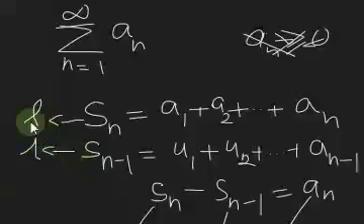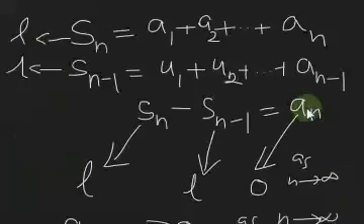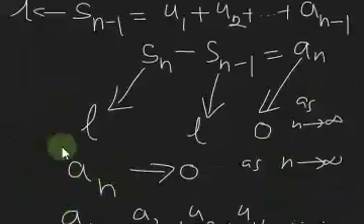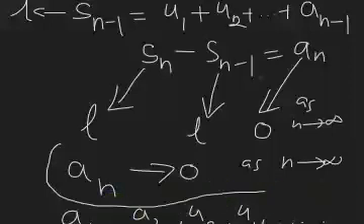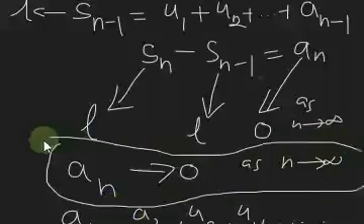This one is also the same. This sequence of partial sums converges to a number L. Then what happened to a_n? So a_n becomes very small as n tends to infinity. a_n goes to 0 as n tends to infinity. This is true for any series.